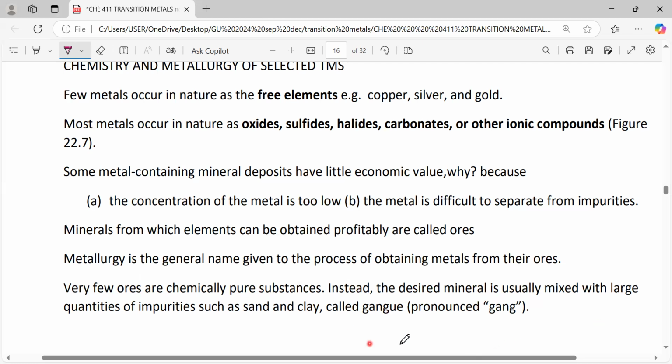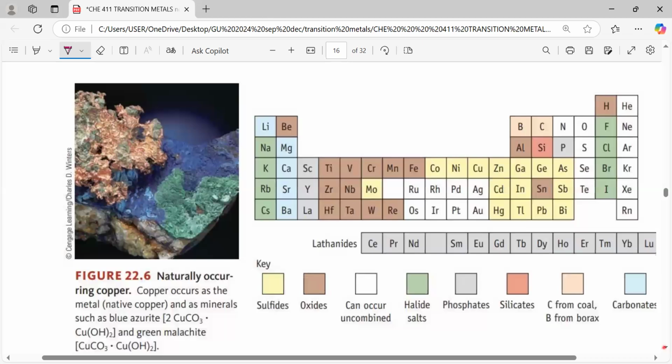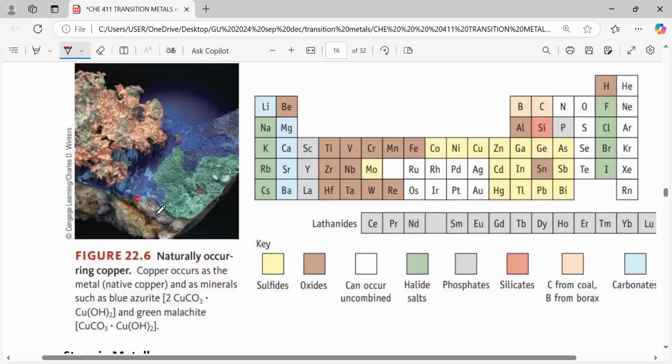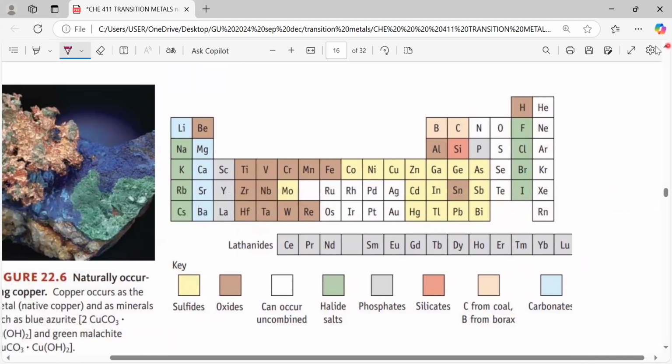And this is usually called gangue. I think it's a French word. So here you can see copper in a metal, and it is mixed with other things that you call the gangue.